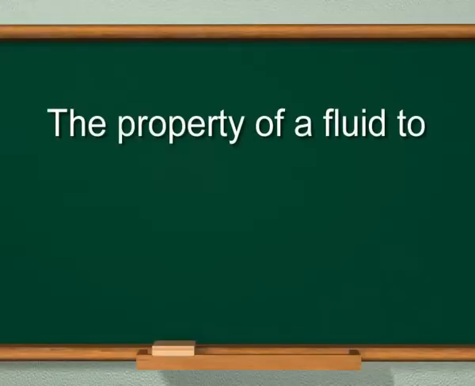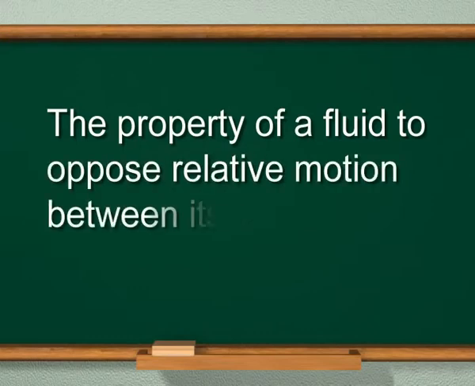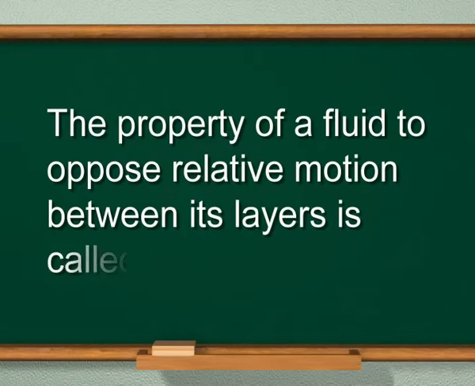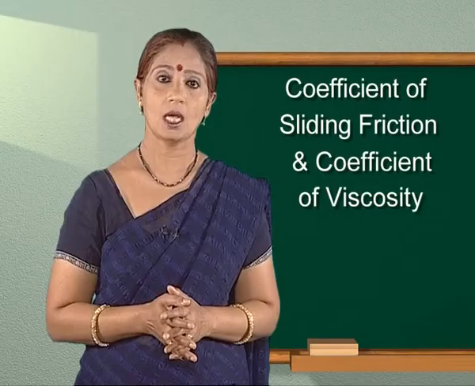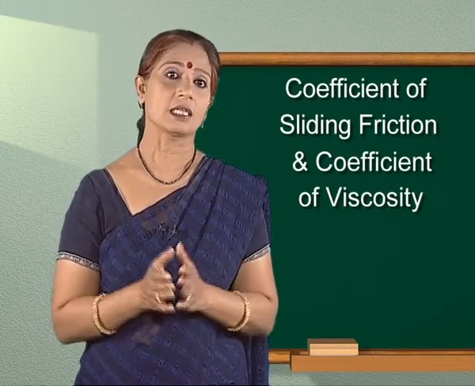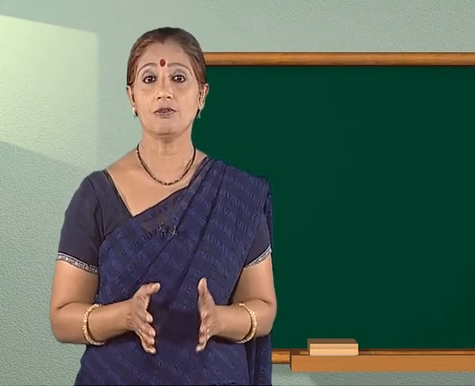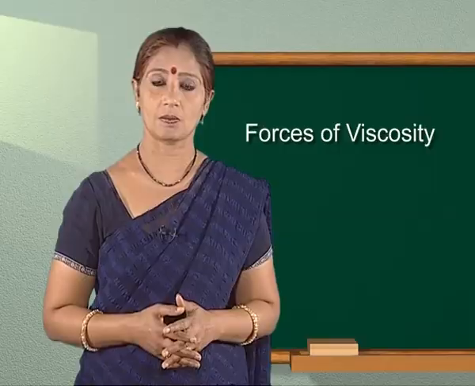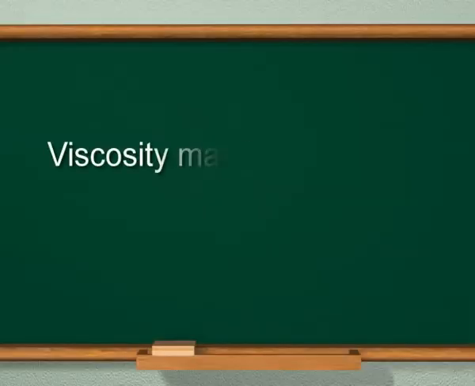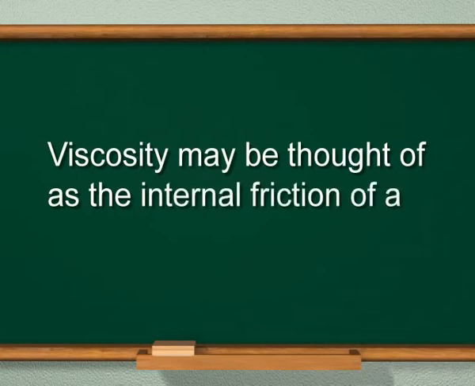The property of a fluid to oppose a relative motion between its layers is called viscosity. The forces between the layers opposing relative motion between them are known as the forces of viscosity. Thus, viscosity may be thought of as the internal friction of a fluid in motion.